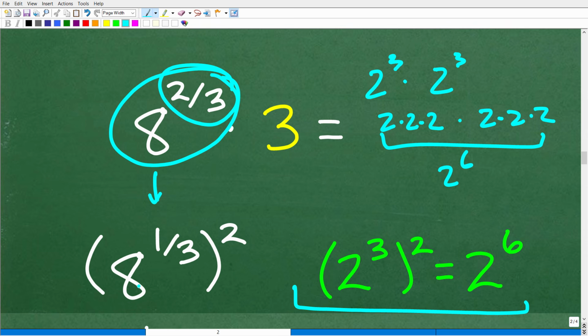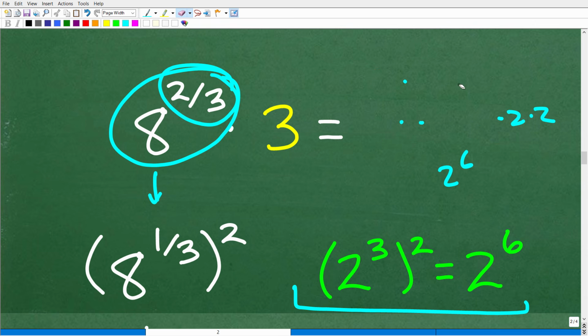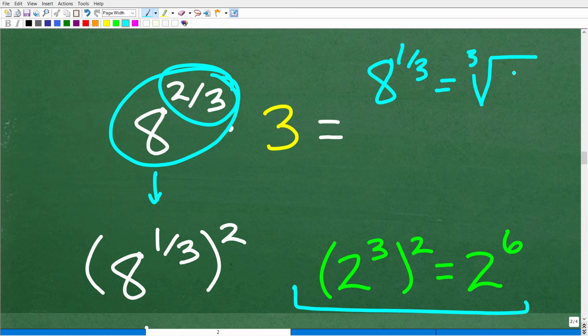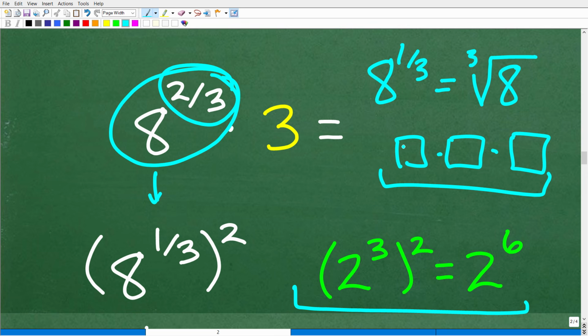We want to think of this as 8 to the 1/3 because 8 to the 1/3 is what? Well, let's go back to what we learned about rational exponents and radicals. So 8 to the 1/3 is the same as the cube root of 8. Now, what does this mean? Well, it means what number times itself three times gets us back to 8. And hopefully you're saying, hey, Mr. YouTube Math Man, I know the answer.